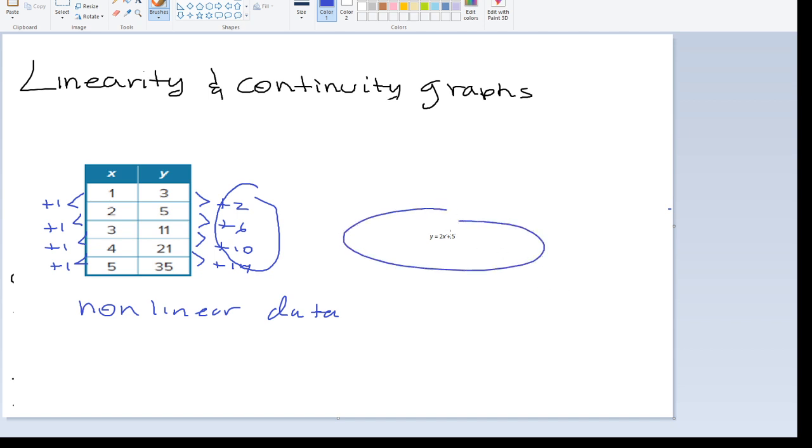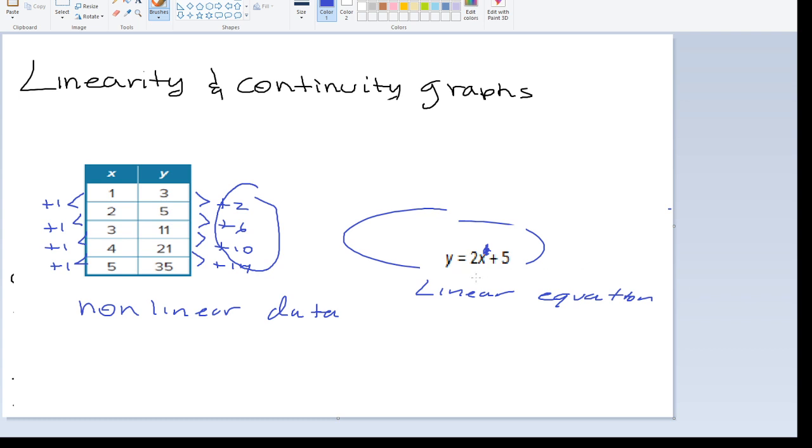Notice the exponent next to the x. Well, there's no exponent here, which means that that exponent is a 1. If we don't have an exponent there, it's because it's a 1. And if that exponent is a 1, we can say this is a linear equation.